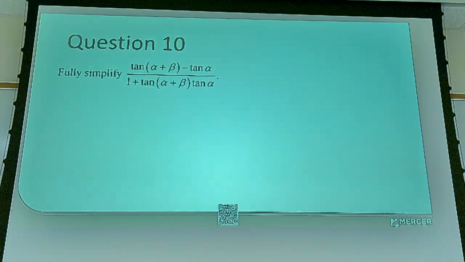Tangent of alpha plus beta minus tangent of alpha over 1 plus tangent of alpha plus beta times tangent of alpha.